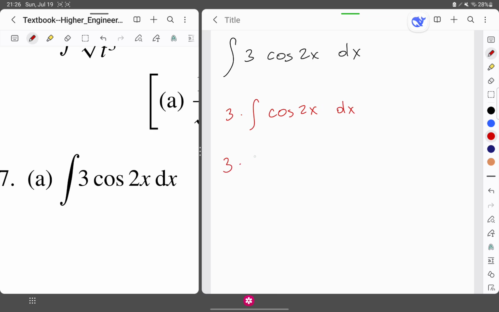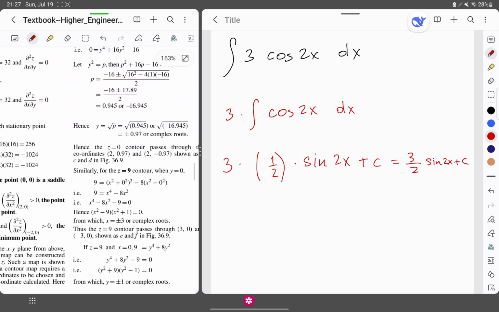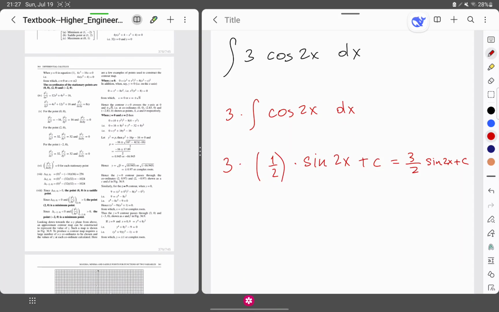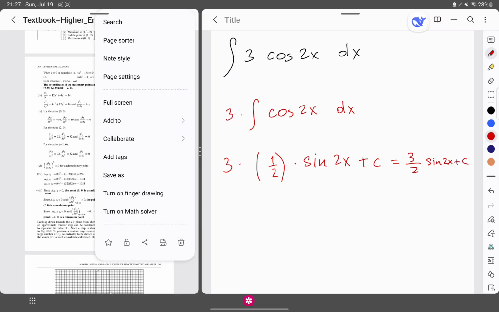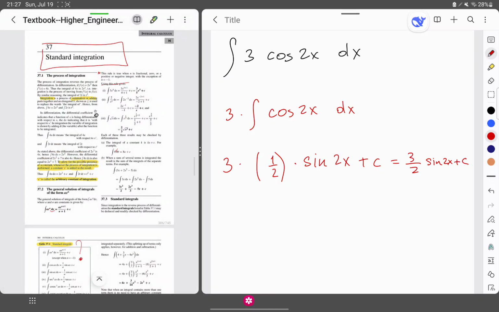Cosine is always positive, so that's why 1 over 2 times cosine becomes sine 2x plus c, and our final result is like this. Is that true? I don't know, but oh my gosh, 300, page what? Page sorter. Yes, I was there. Okay.